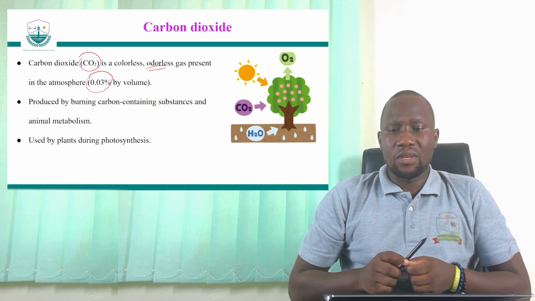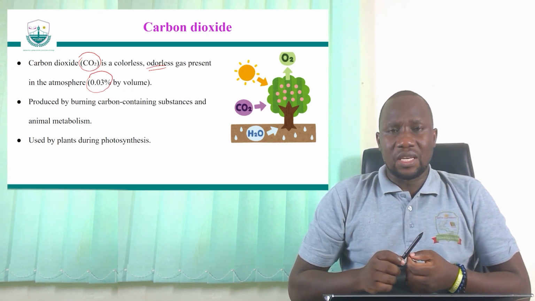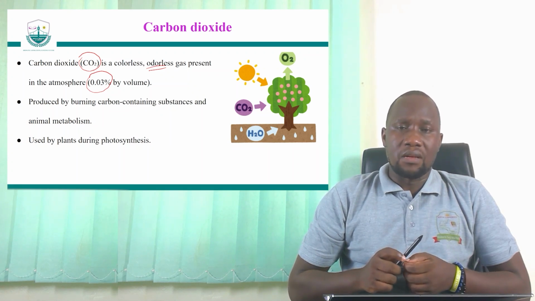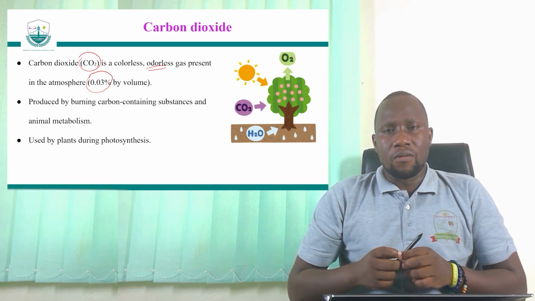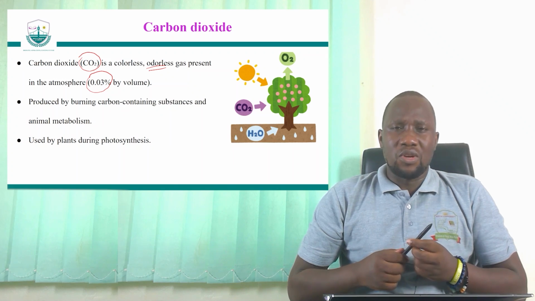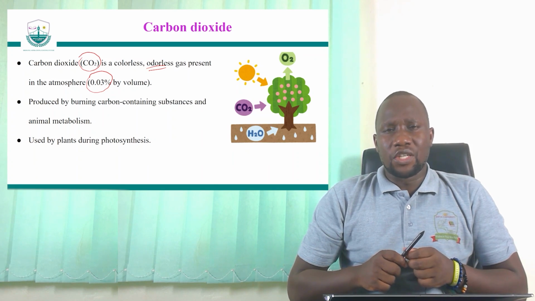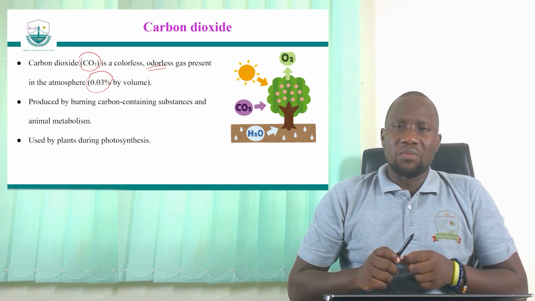We have a number of processes that can result in an increase in the levels of carbon dioxide. It's produced from our factories, and carbon dioxide is also a product of respiration.